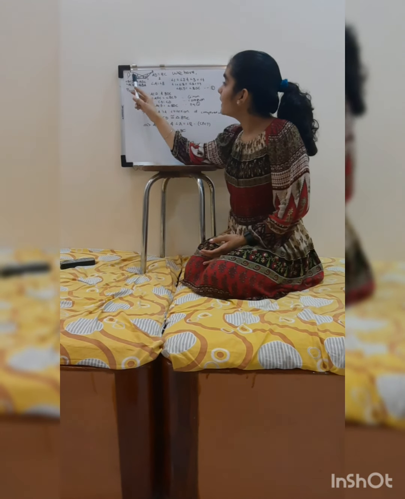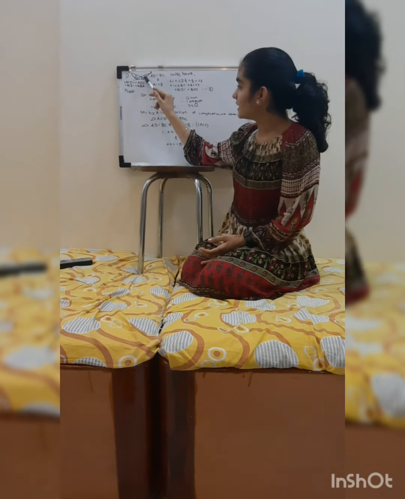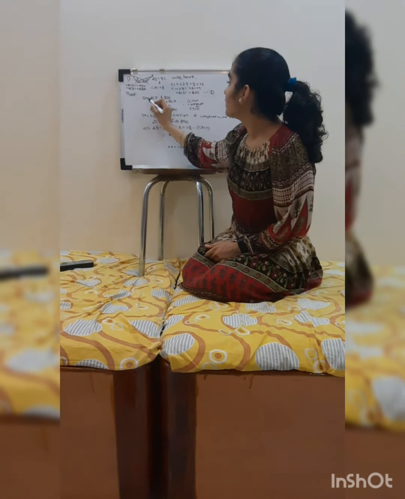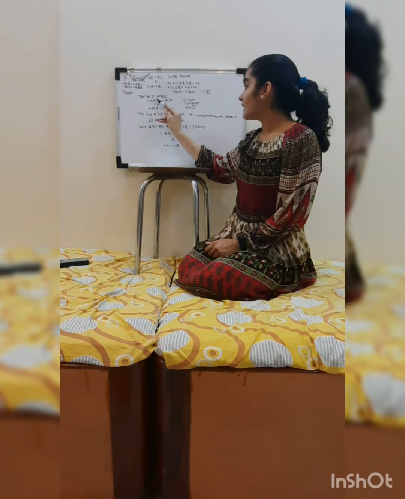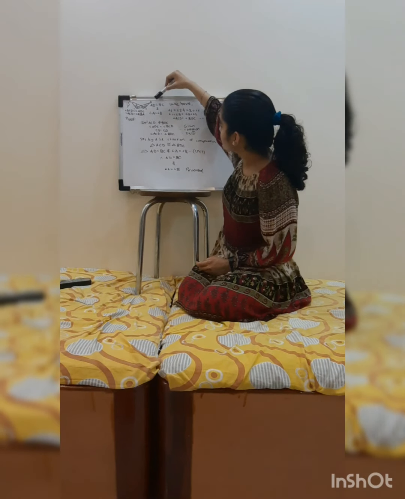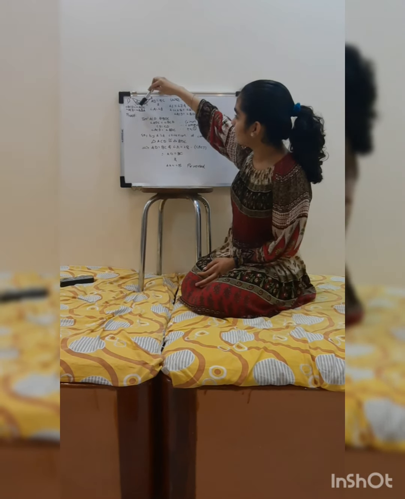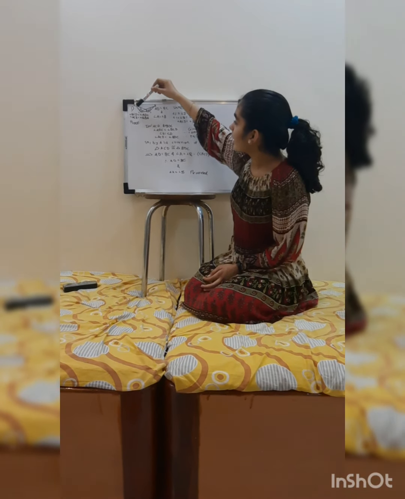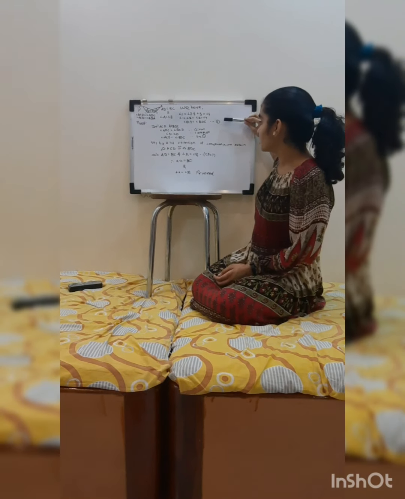So in triangle ACD and triangle BDC, angle ADC equals angle BCD as it was given, and CD is common, and angle ACB equals angle BDC as we found in our equation number 1.